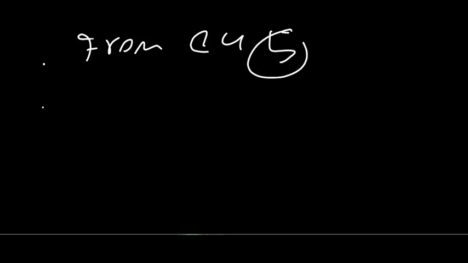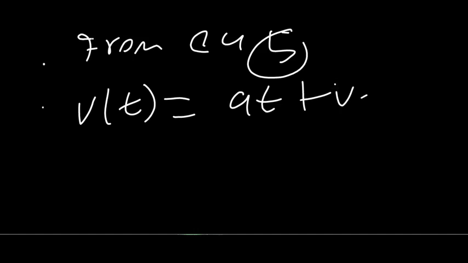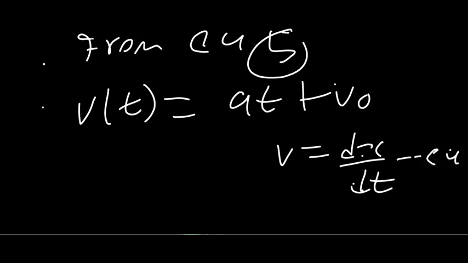So from equation 5, we have Vt is equal to At plus V naught. Now, since you know V, we said V is equal to dx dt.